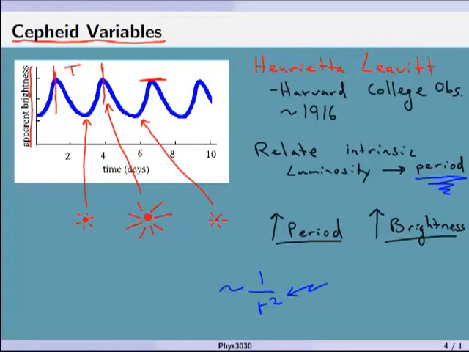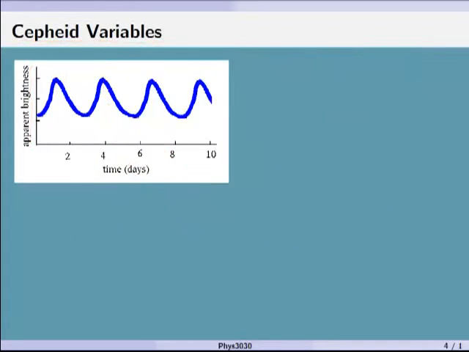Okay, there's one other kind of specific star that I want to talk about. Let's move to the next page. They are called type 1a supernovae, however you want to pronounce it.